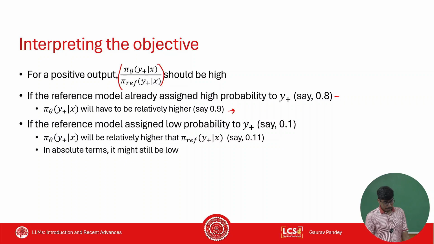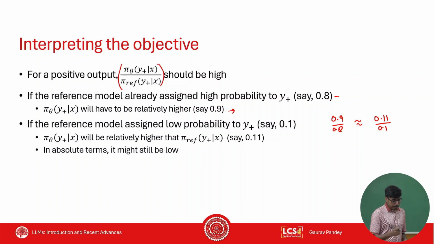But if it was an output that the model assigned lower probability earlier, say 0.1, then even a small increase in the probability is enough for it to give the same ratio. So 0.9 by 0.8 is approximately equal to 0.11 by 0.1, approximately, right?